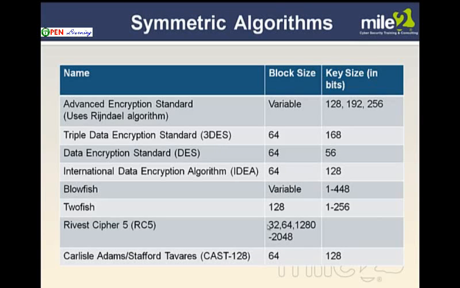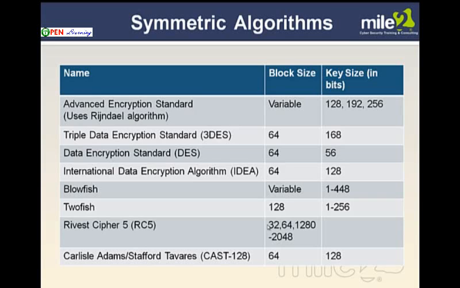As far as some of the popular symmetric algorithms, we started out early on with DES, and you can see it's actually a 64-bit block size, a 56-bit key. And then there was a jump to triple DES. Triple DES is still actually using the same block size, but it's doing the operation 3 times, so it makes it more secure.